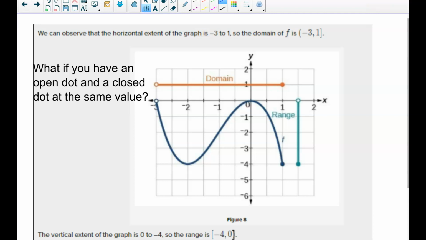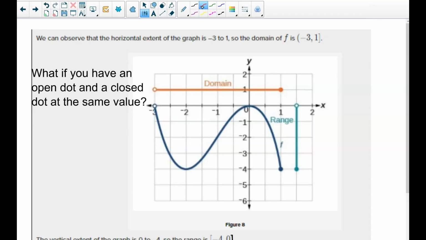So it says, what if you have an open dot and a closed dot at the same value? That's something we have to think about a little bit. Let's look at our domain first, our x values. The horizontal extent of the graph, going left to right, is -3 to 1, but you'll notice there's an open circle at -3 and a closed circle at 1.